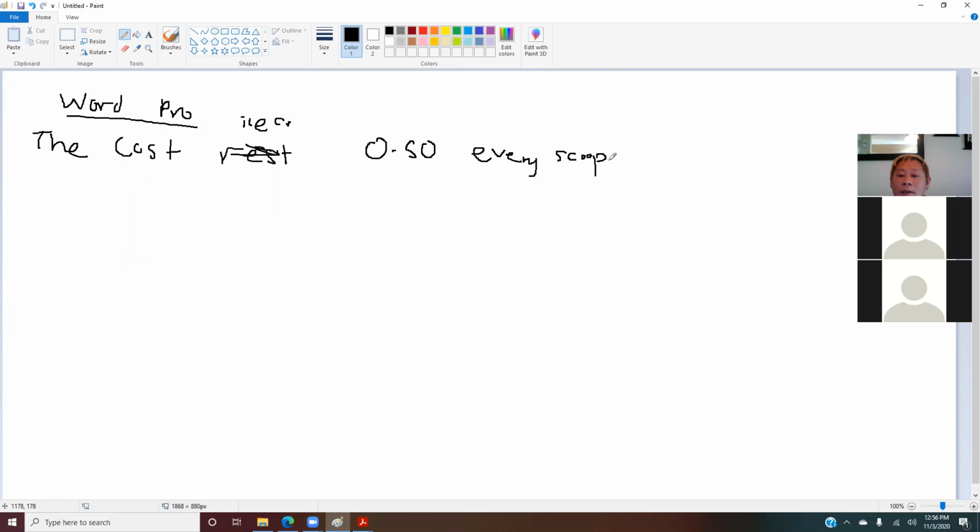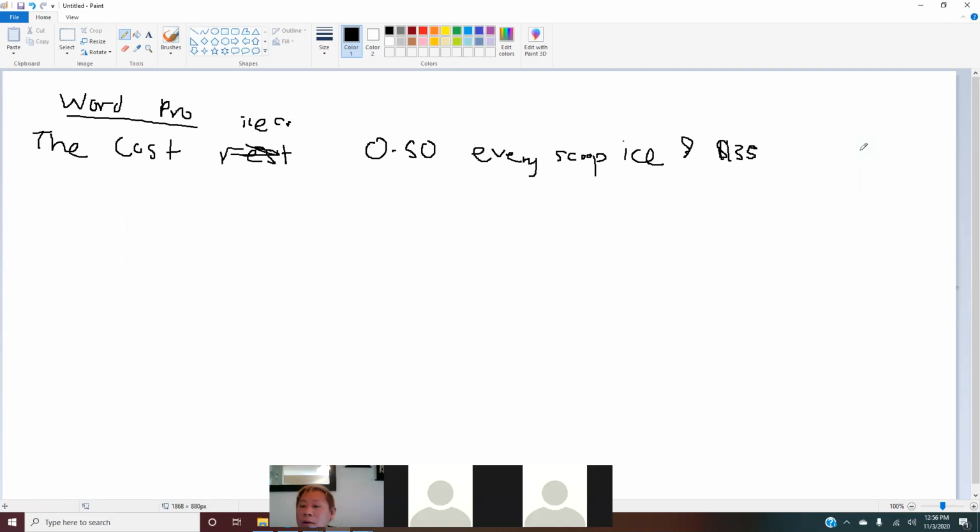So every scoop of ice cream costs you 50 cents, and it also costs, let's say, $100 to run it.